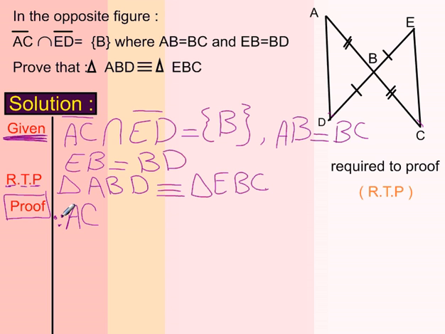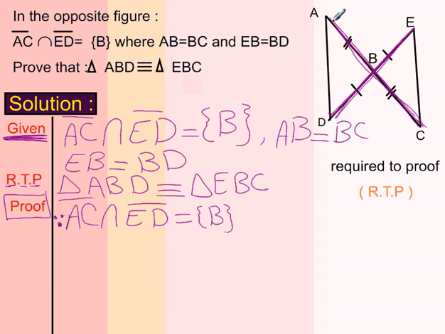Since means the information that we have. Since AC line segment intersects ED line segment at a point B. Look here, we have ED line segment and AC line segment intersect at point B.